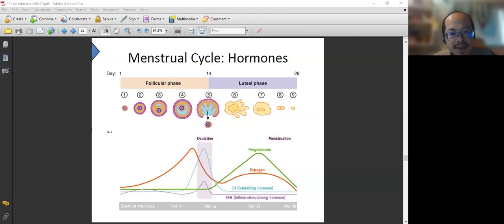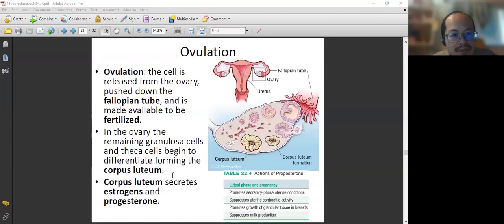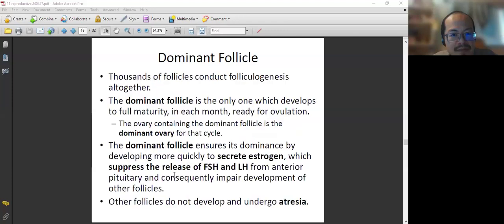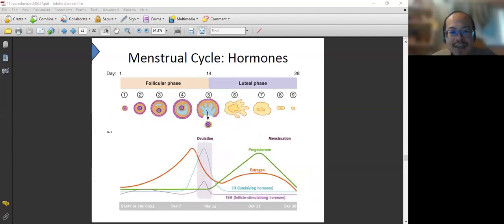Another important event is that during ovulation, you have an event called the LH surge.